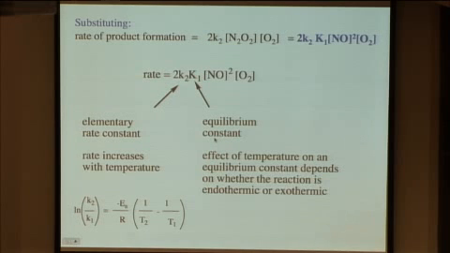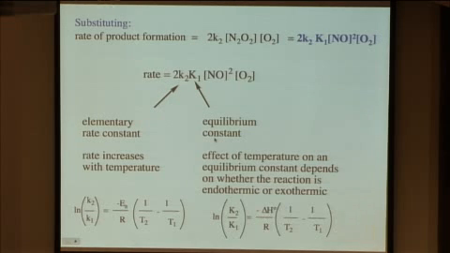Well, what about the equilibrium constant? We've talked about this back in chemical equilibrium, that the effect of temperature on an equilibrium constant depends on whether the reaction is endothermic or exothermic. And that's the Van't Hoff equation shown here. Look how similar those equations are.